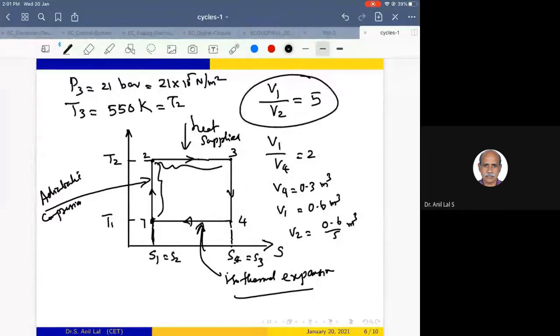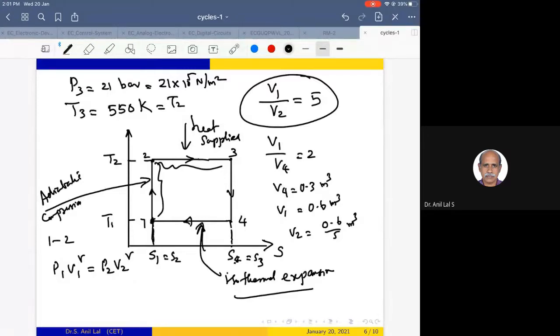So what is the equation for an adiabatic process? It's P1 V1 raised to gamma is equal to P2 V2 raised to gamma. This is process 1-2. But what we want is temperature.